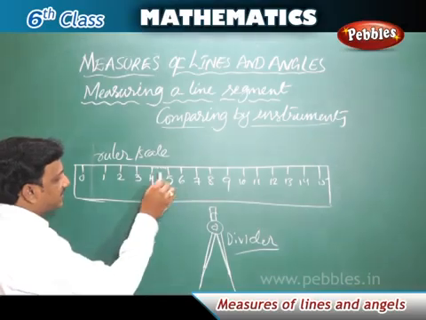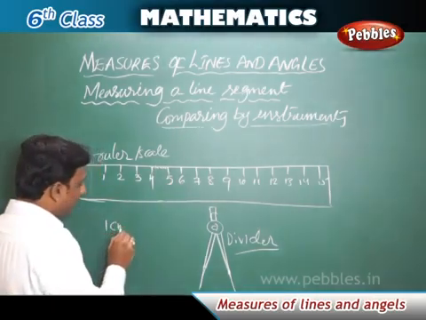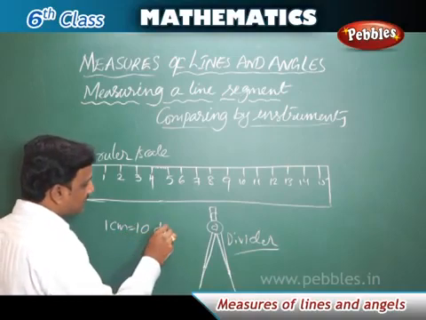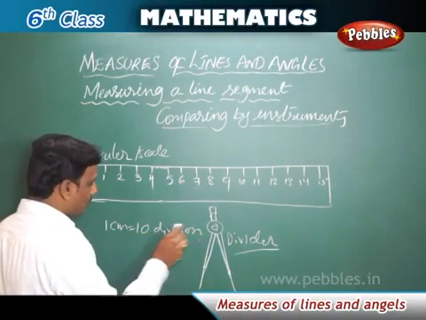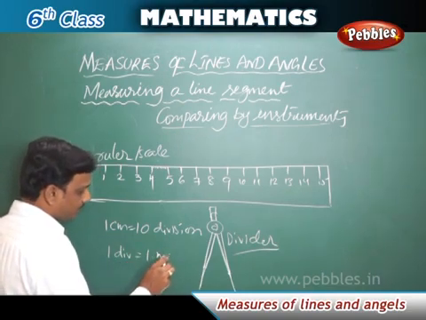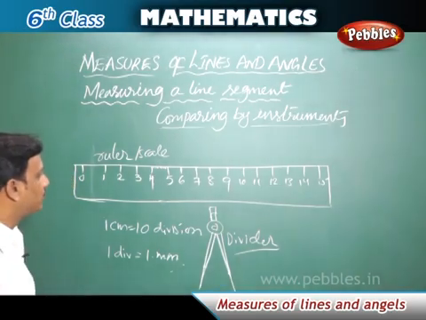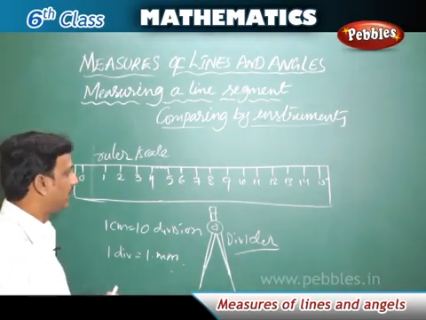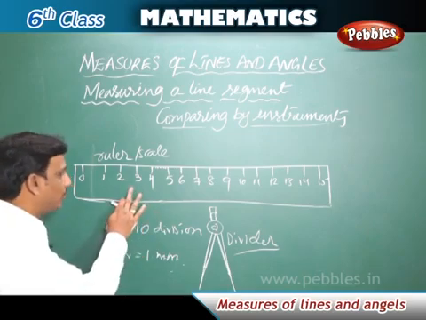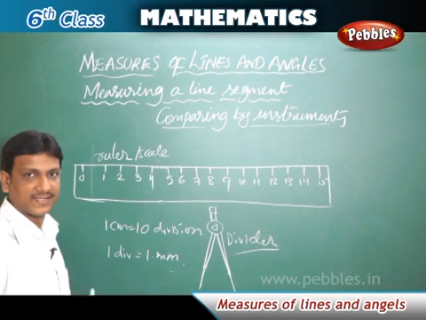And each centimeter is divided into 10 divisions, so 1 centimeter is equal to 10 divisions. So 1 division is equal to 1 millimeter, 1 mm. So if we want to find out the length of a line segment, by placing this ruler to that line segment, we can find out its exact length.